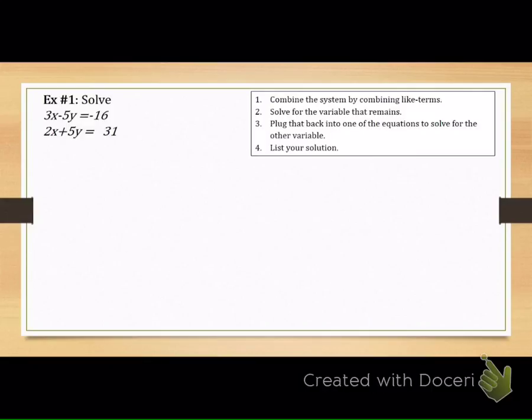So if x and y are on the same side of the equation and the x's are lined up and the y's are lined up, what you need to look for first is that the coefficient in front of the variable is the same on one of the variables, but opposite signs. So 3 and 2 are not the same number, so x does not have that. But in front of y, we have a 5 and a 5, same number, but one is negative and one is positive. If that is the case, you can combine the systems by combining like terms. That just means add the systems together.